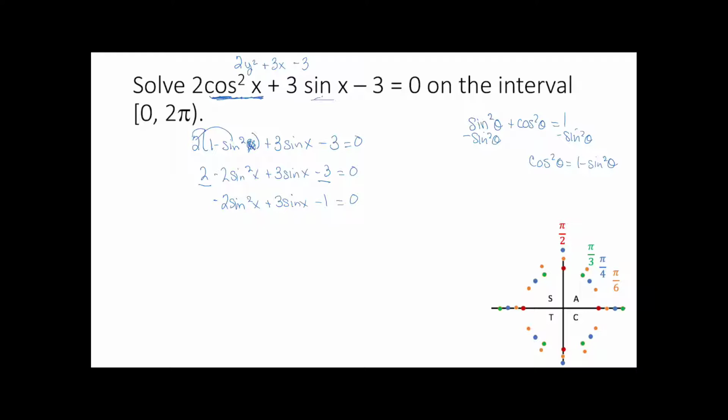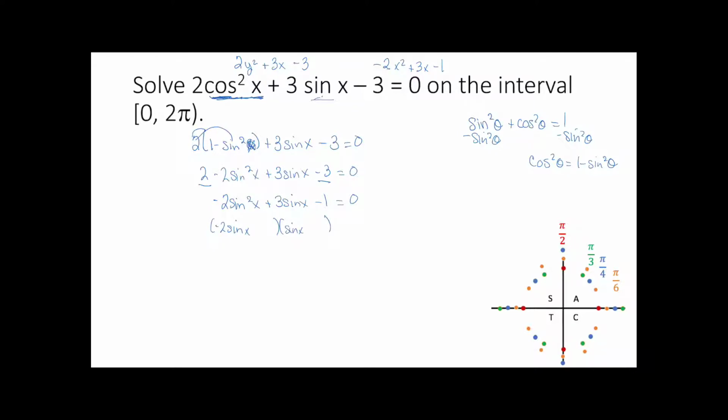So now we're trying to factor negative 2x squared plus 3x minus 1. So again, there's only one way to get a negative 2x squared with a negative 1 as our other factor. So let's try a negative 2 sine of x times a 1 sine of x to get our negative 2.